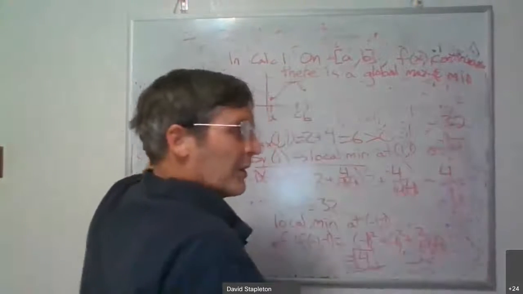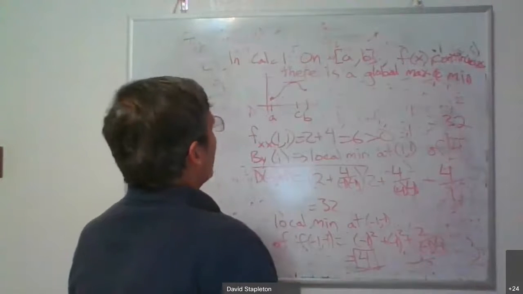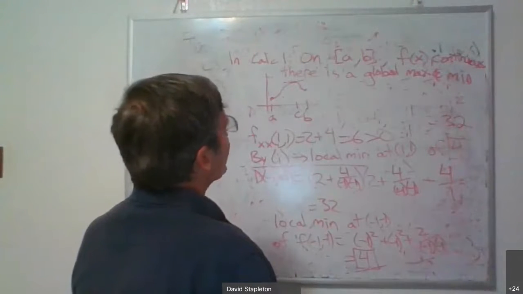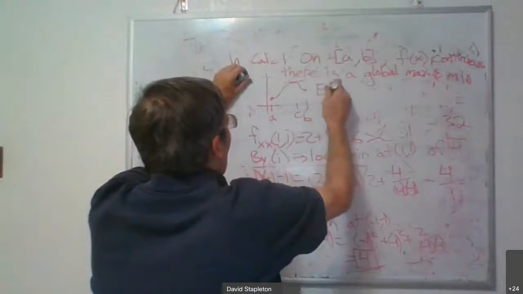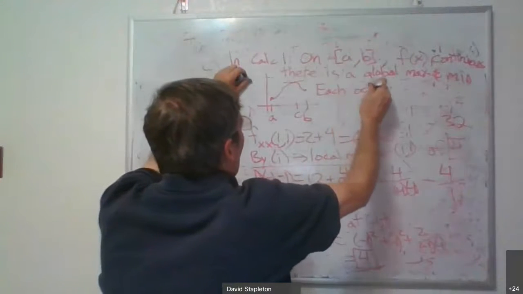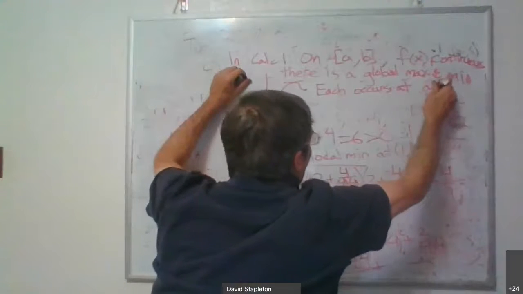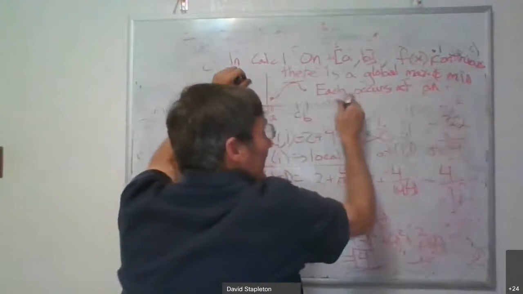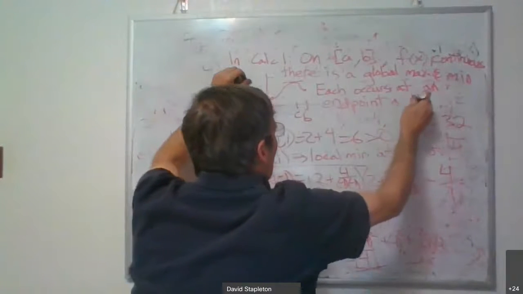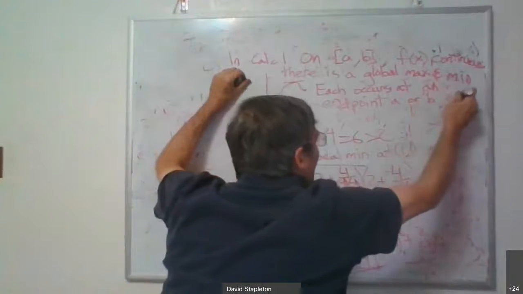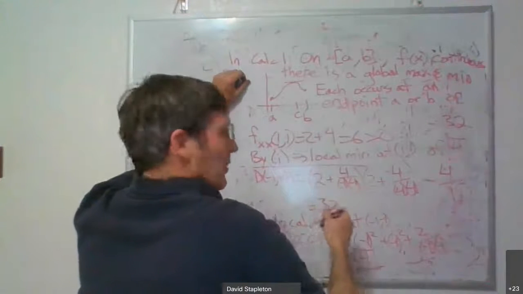That just means a highest point and a lowest point over all the domain of the function, not just a locally extreme point. Each occurs at an endpoint, A or B, or an interior critical point, where the derivative is 0 or doesn't exist.